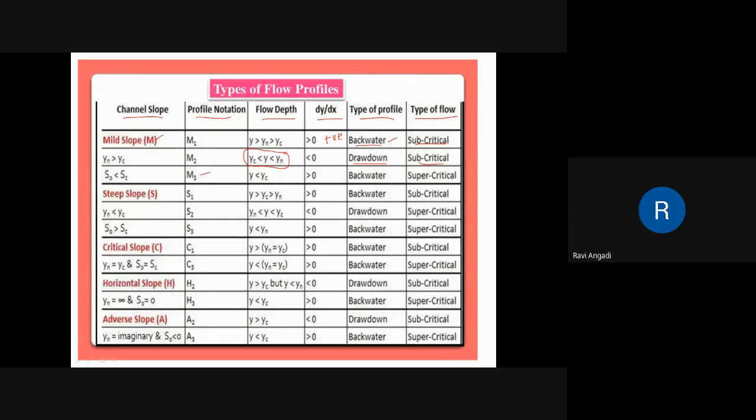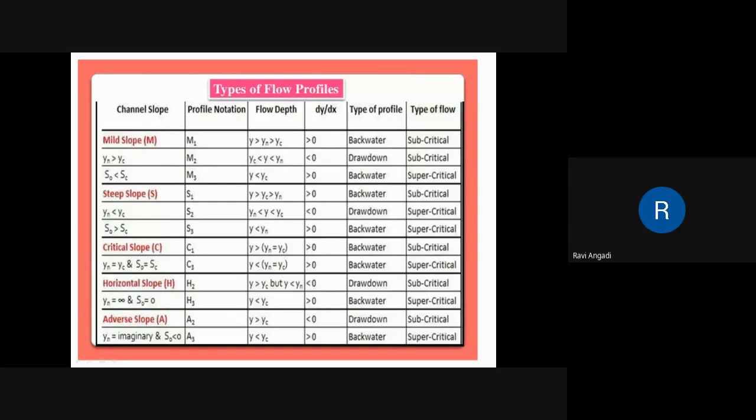That much you remember, and according to that you classify the channel flow profiles. Please take this chart and study it. Shall I go to the next slide? I hope you all have taken the snapshot. I'll share this PPT also, but you study it.